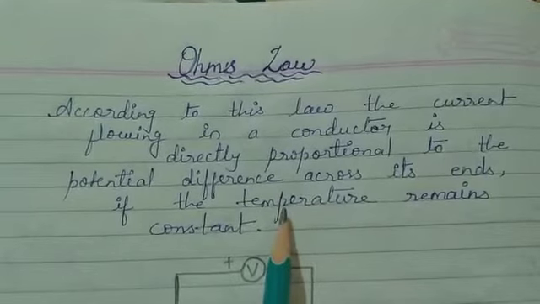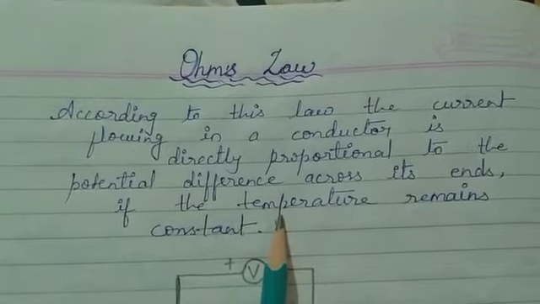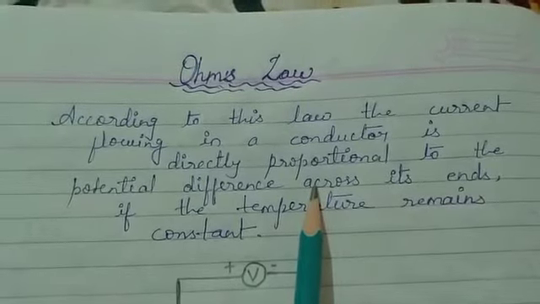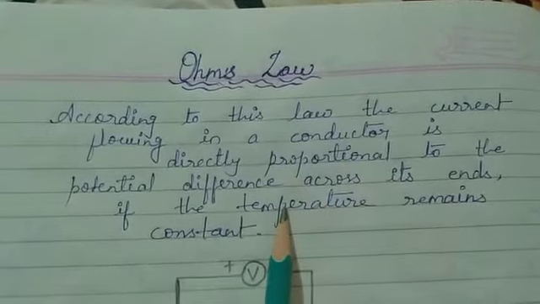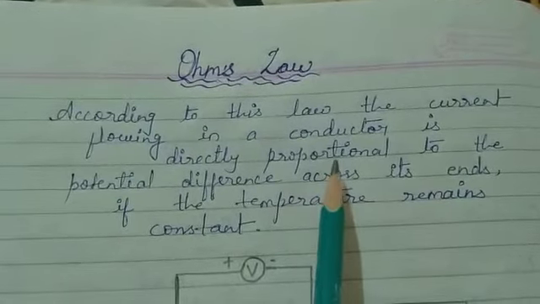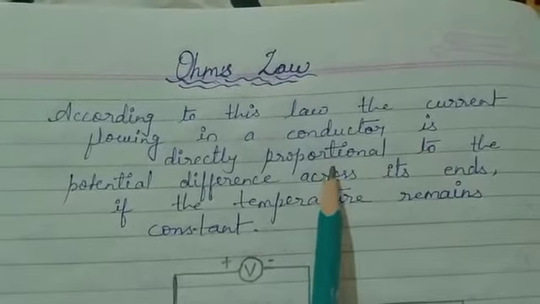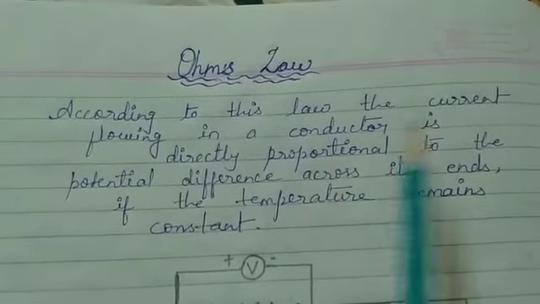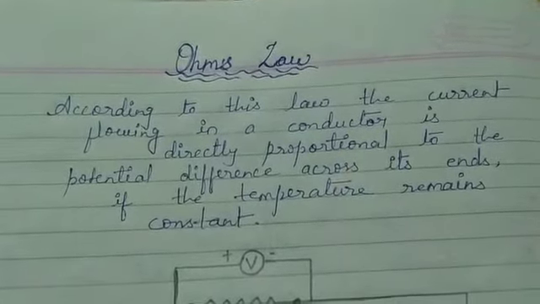If the temperature of the conductor is constant, then only this law will be applicable. If the temperature changes with time, this law will not be applicable. At that time it will not be directly proportional.